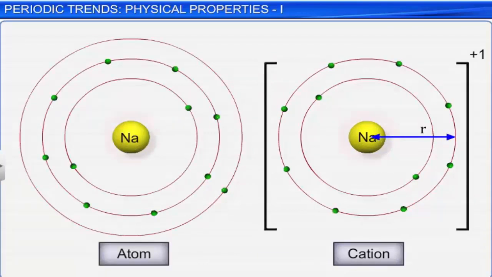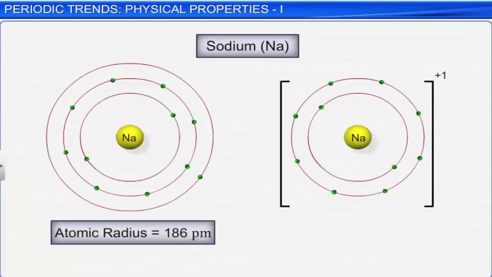This results in increase in the nuclear attraction on the valence electrons, leading to decrease in the size of the atom. For example, the atomic radius of sodium atom Na is 186 picometers, whereas the ionic radius of sodium ion Na+ is 95 picometers.